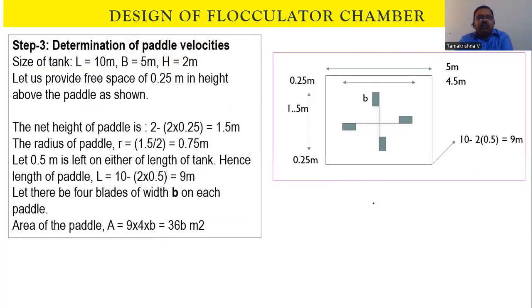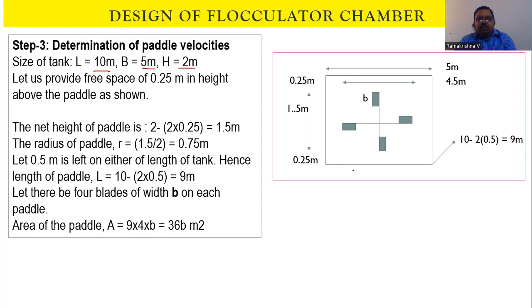Now let us go for the dimensions of the tank. Here we have to go with some small assumptions. What are the assumptions we had? Already the sizing you have calculated. L is equal to 10 meters, B is equal to 5 meters, H is equal to 2 meters.